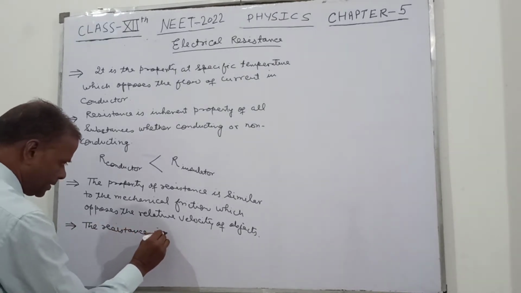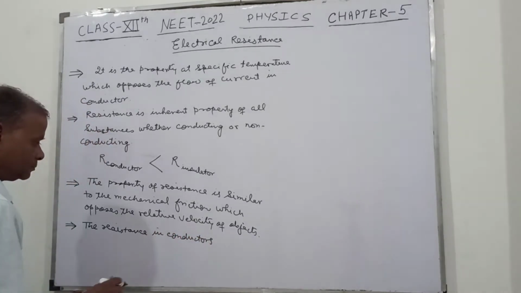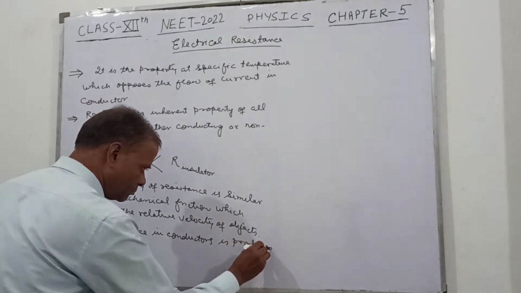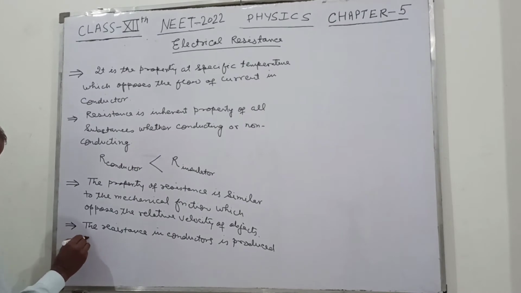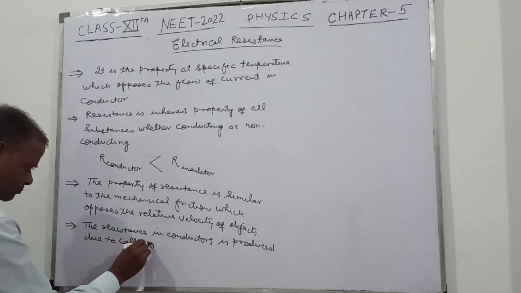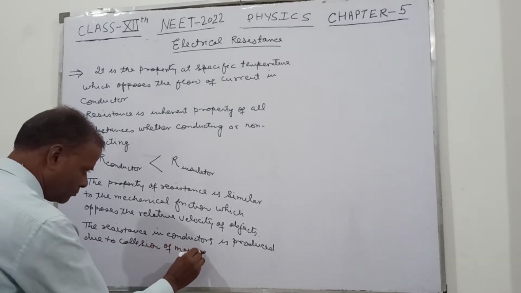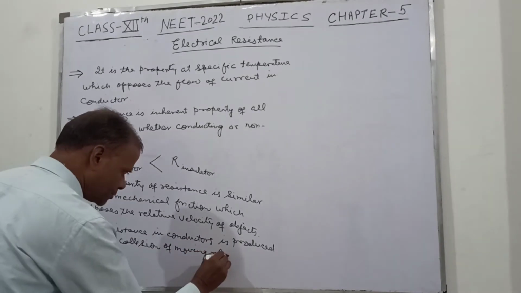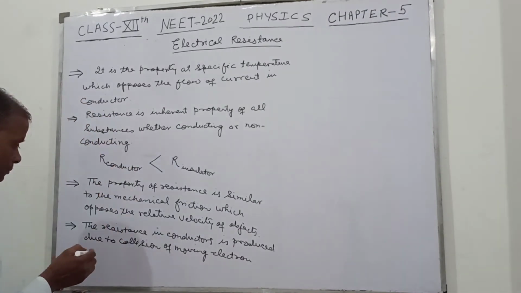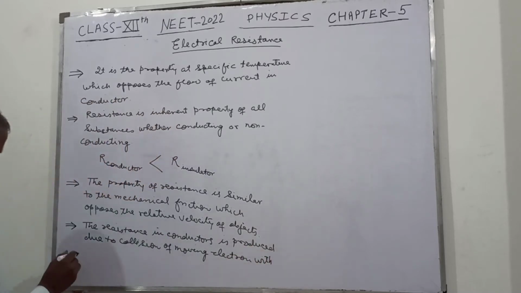The resistance in conductors is produced due to collision of moving electrons with positive ions.